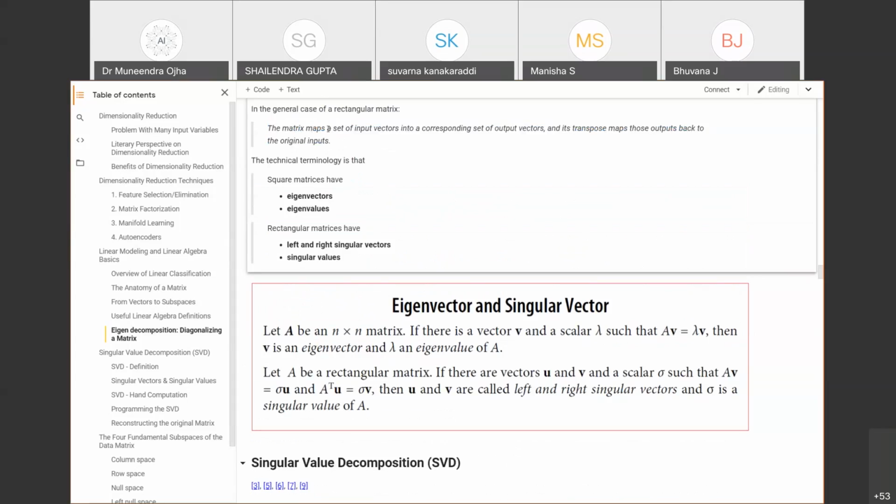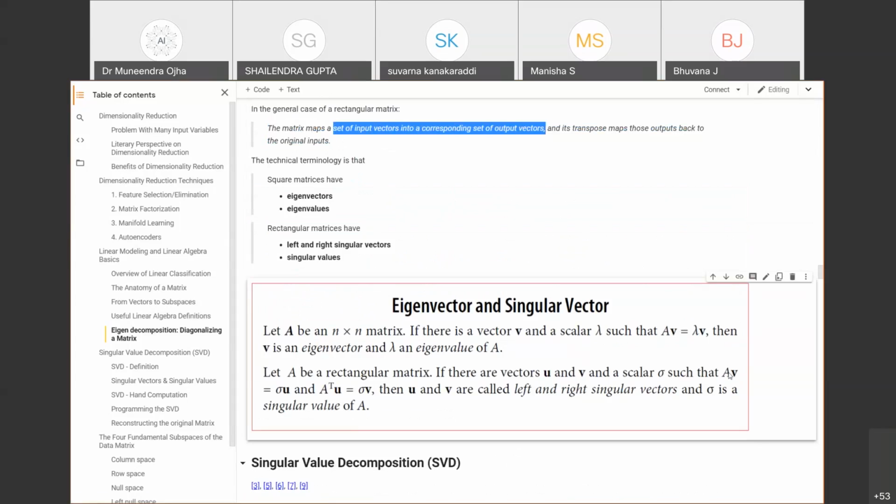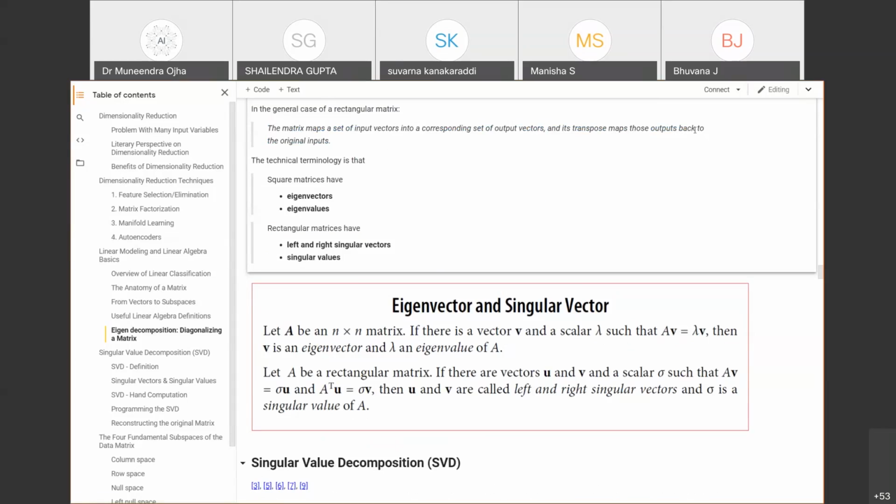The matrix maps a set of input vectors into a corresponding set of output vectors. For the set of input vectors, Av is equal to sigma u, and its transpose maps those outputs back to the original input.